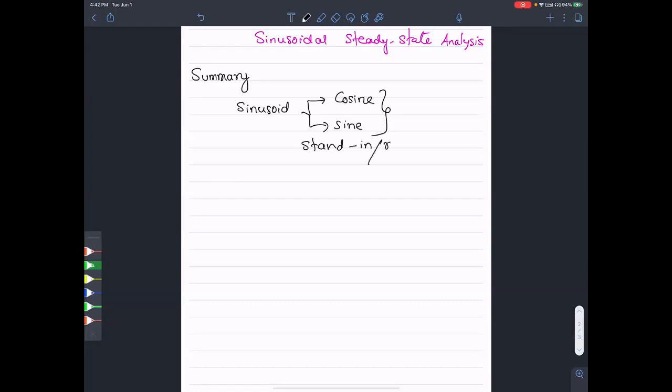It's a representative signal that mimics a lot of real world signals. In other words, if you understand how your circuit responds to a sinusoid signal, then you can extend that understanding to apply to a wide range of real world signals. Does that make sense?